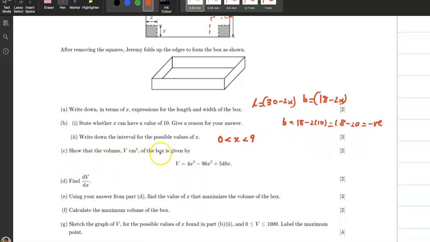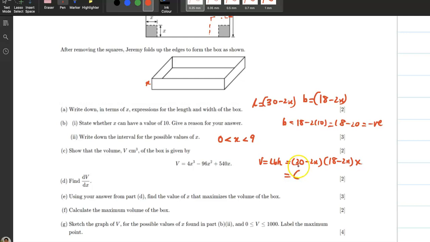Show that volume of the box is given by this formula. So how do you find the volume? Length into breadth into height. What's the length? 30 minus 2x. What's the breadth? 18 minus 2x. And what is the height of the box? x, because when you fold it. Correct?